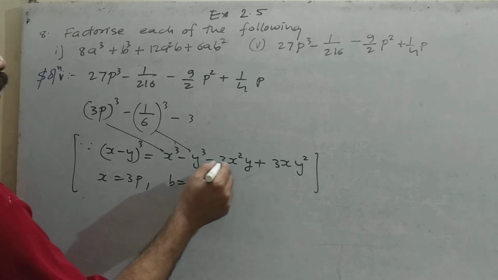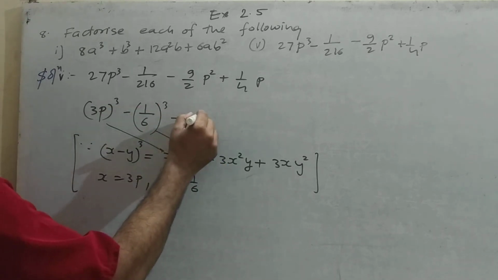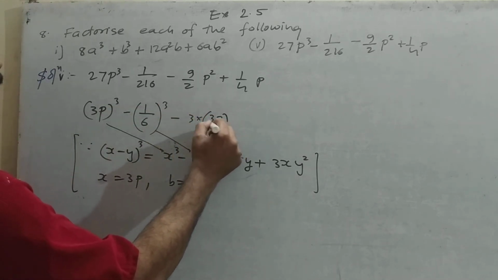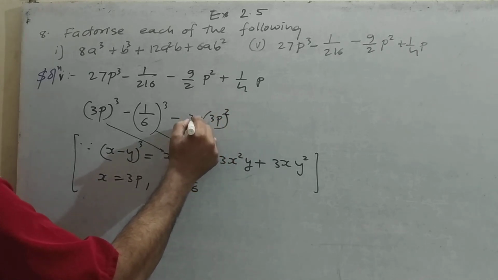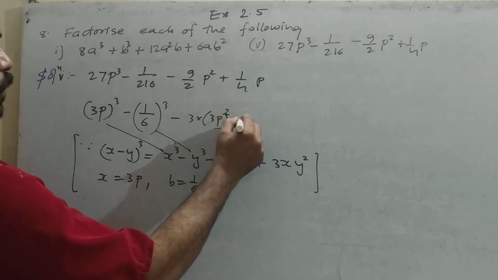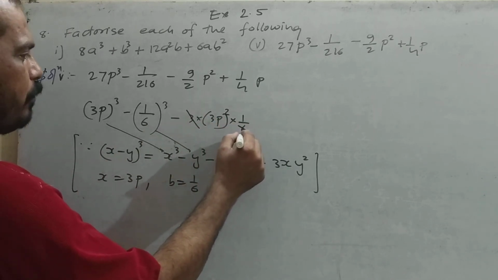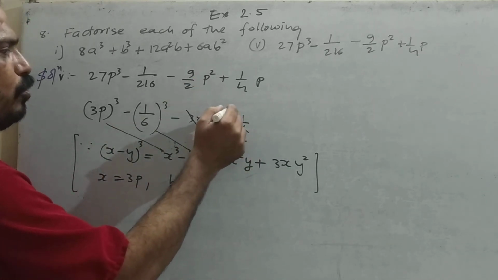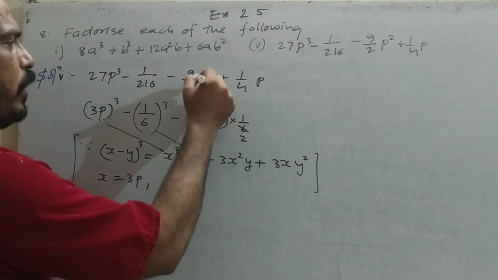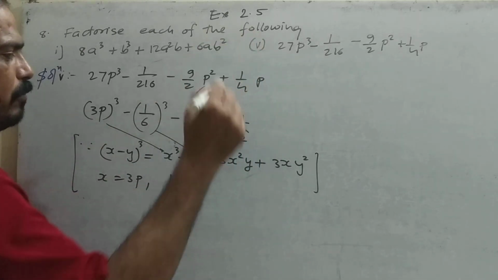x square means what? x square means 3p whole square. 3 square is 9 and y is 1 by 6. This got cancelled, this and this; if we cancel it will be 2. So 9 by 2 p square. It is matching, this is matching with this.